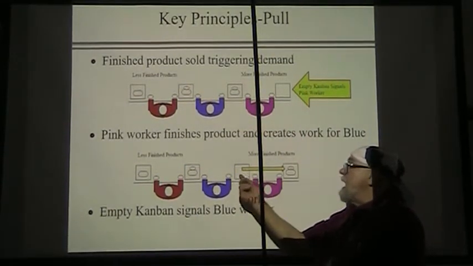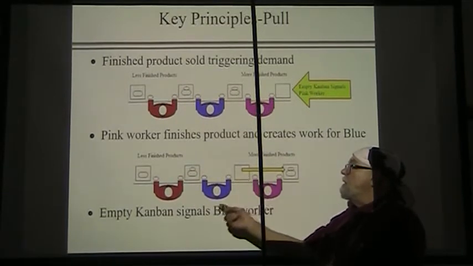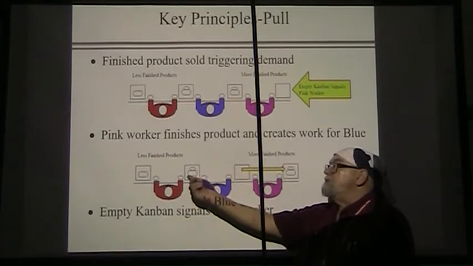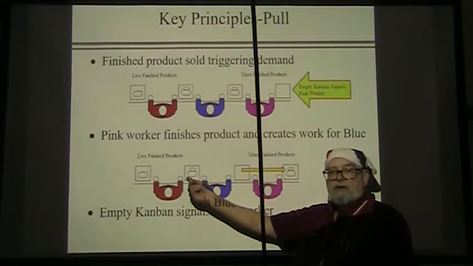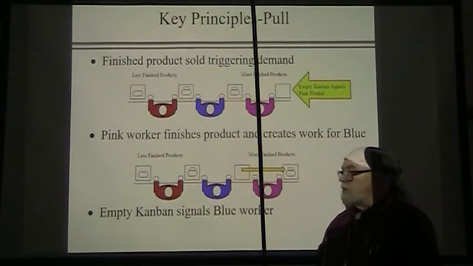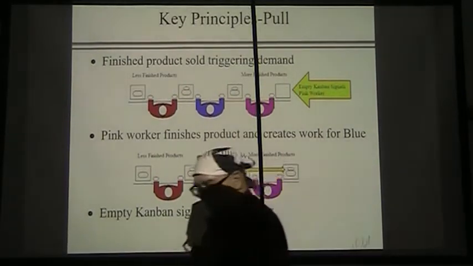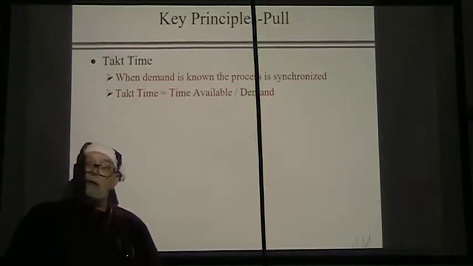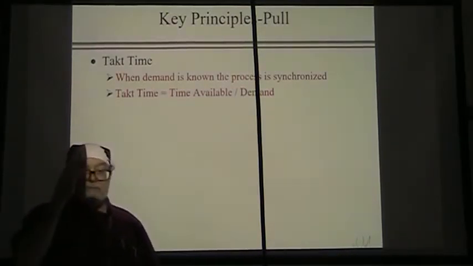That means that now this empty Kanban is a signal to our blue worker that he needs to take the partially finished product here, do his part of the job, and put it over here. And so on all the way down the line.